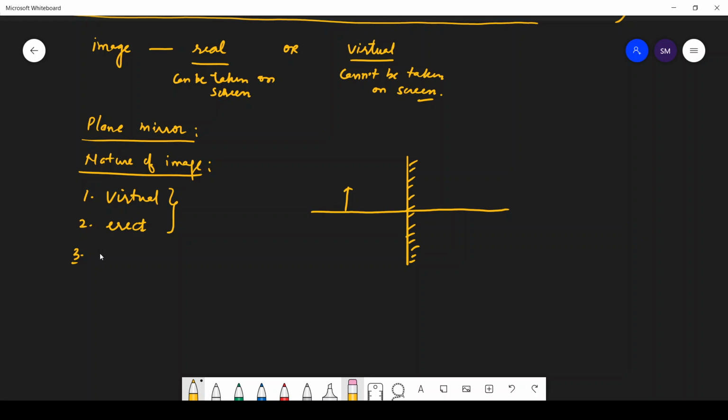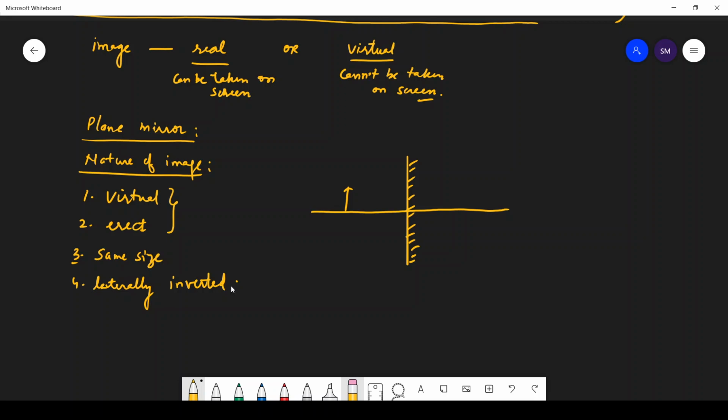Equidistant. And then we have laterally inverted. So all these are the characteristics of the image formed by a plane mirror, right?